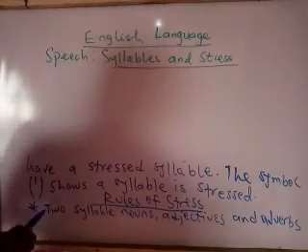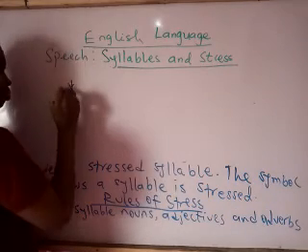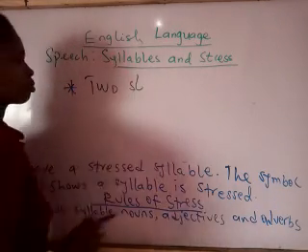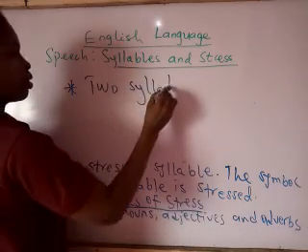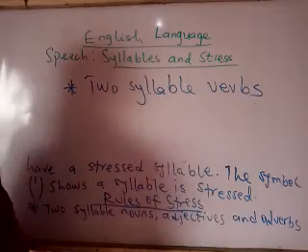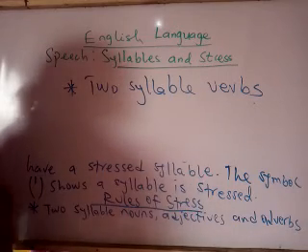All right, let's take a look at another rule. Now, when you have a verb that contains two syllables, two-syllable verbs, where should your stress fall? For two-syllable verbs, your stress should fall on the second syllable.